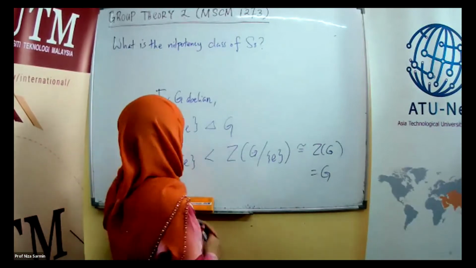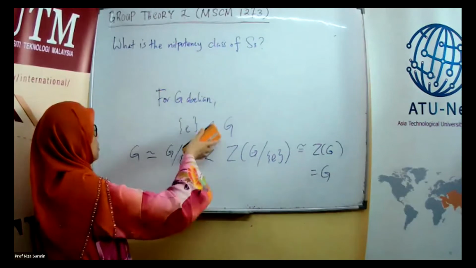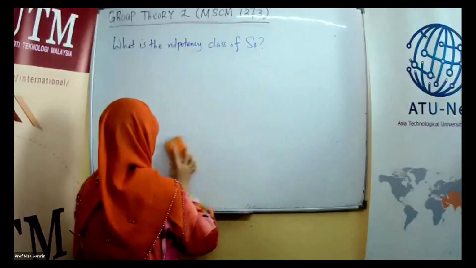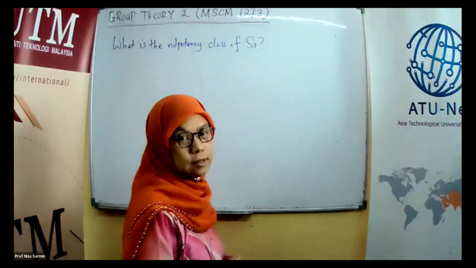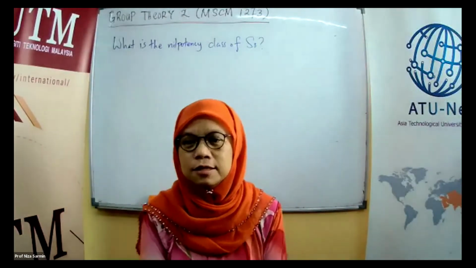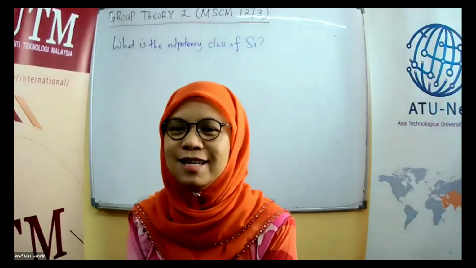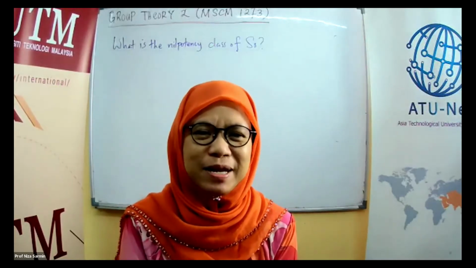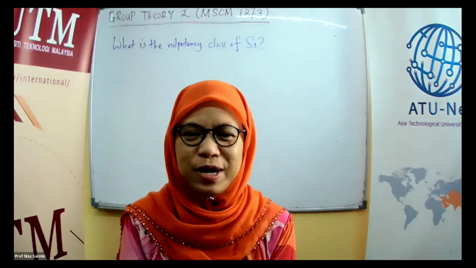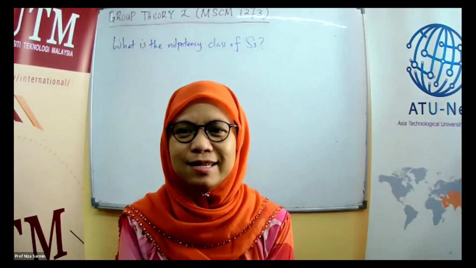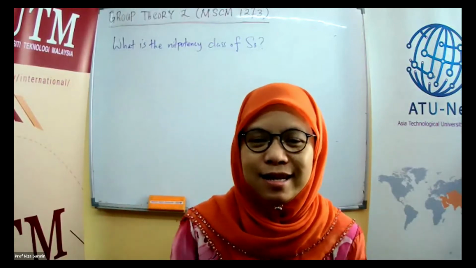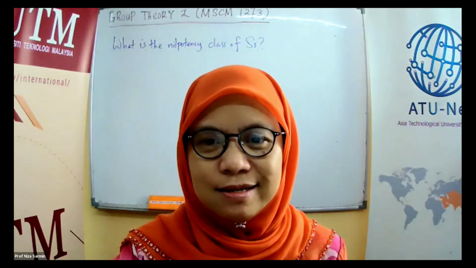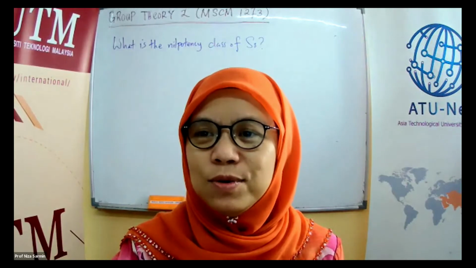Now, if you say that the nilpotency class of S3 is 1, how do you show it? Shiham, you have the working. You just say 1, but there's no proof it's 1. Anyone has the reasoning why?